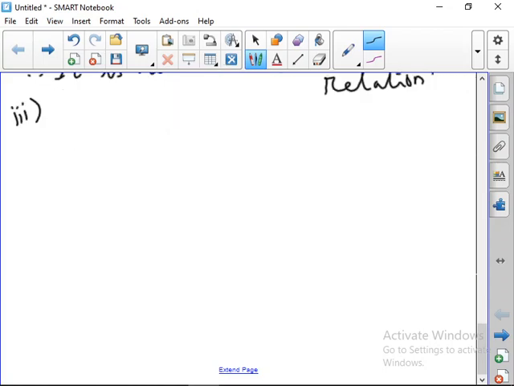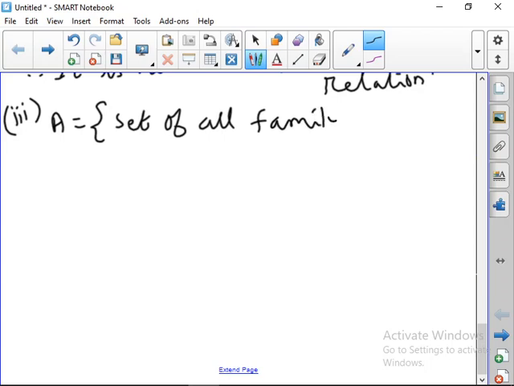Third subdivision. Third subdivision is if A is equal to the set of all family members.